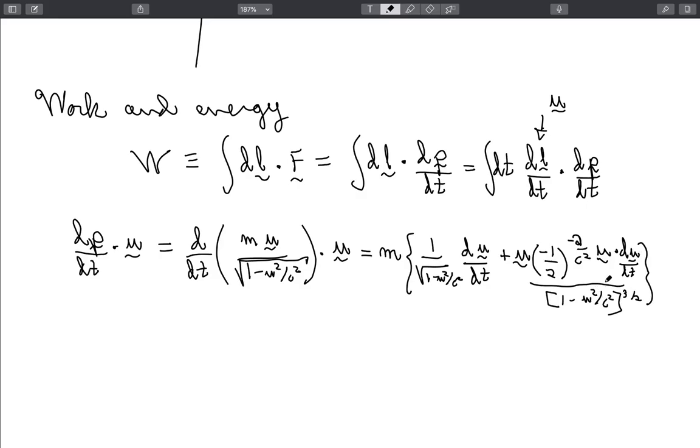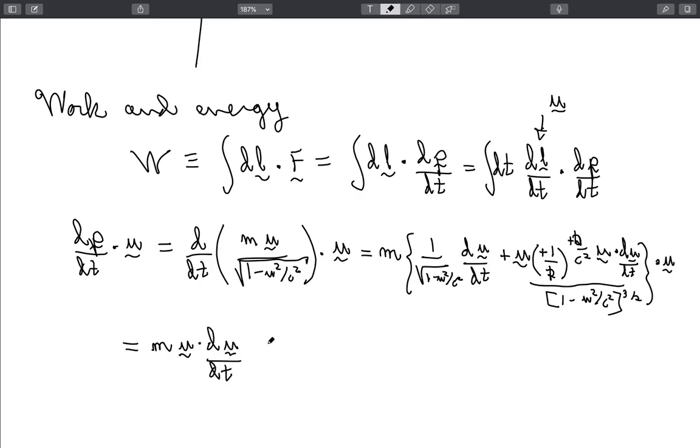Okay, and then this whole thing here is going to be dotted into u. So we can try to rearrange terms a little bit. First of all, the minus signs cancel, the factor of 2 cancels here. And then you see I can factor out a u dotted into du/dt. So I've got an m, a u dotted into du/dt.